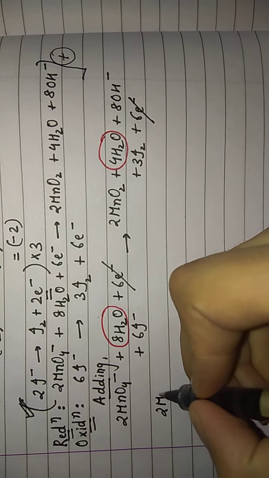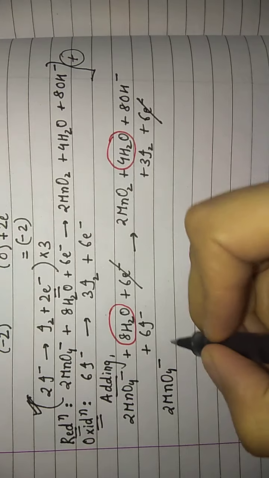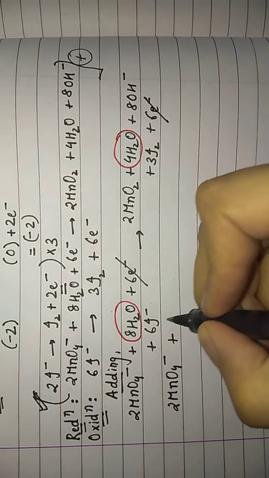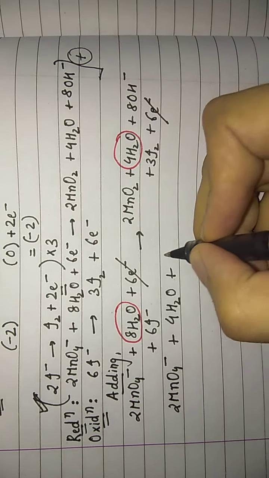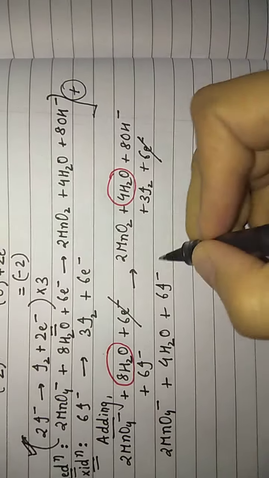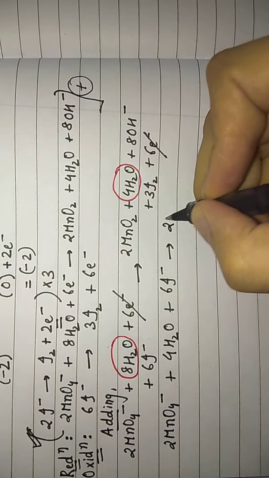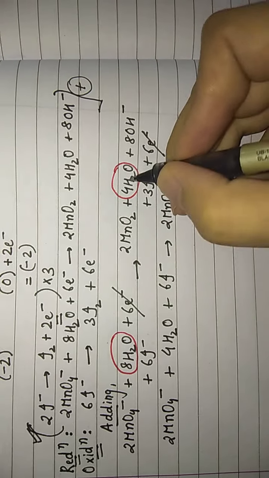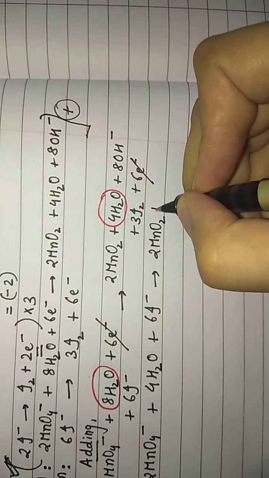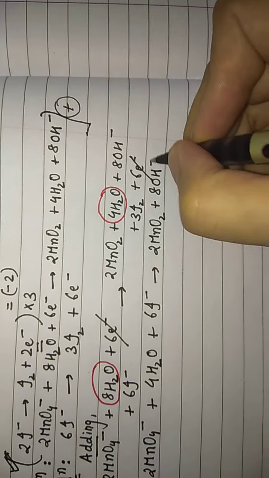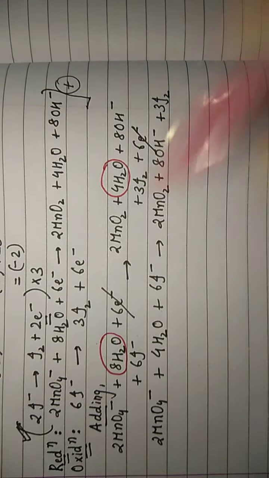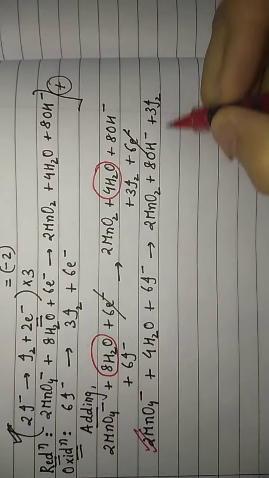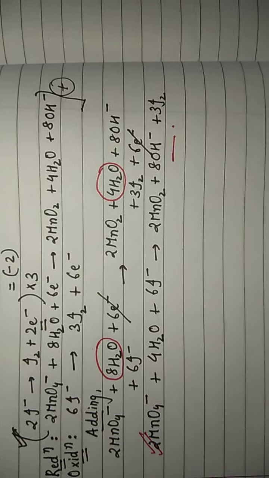So you will get 2MnO4 minus plus 4H2O plus 6I minus, giving you 2MnO2 plus 8OH minus plus 3I2, which is your balanced redox reaction.